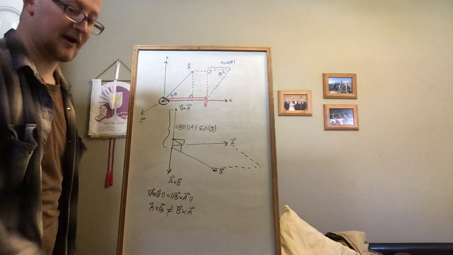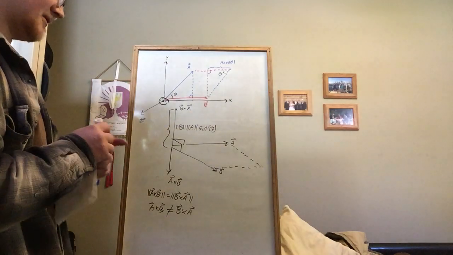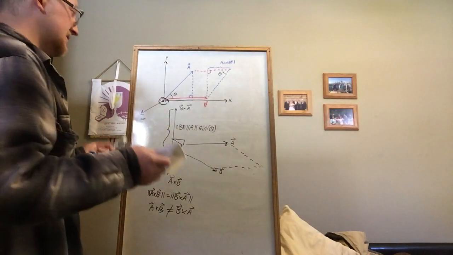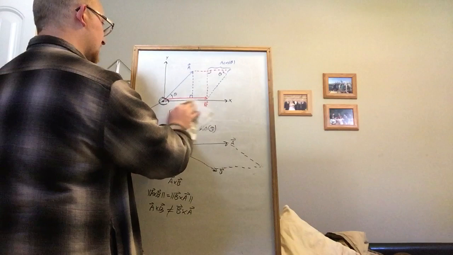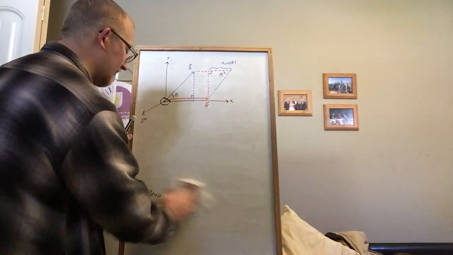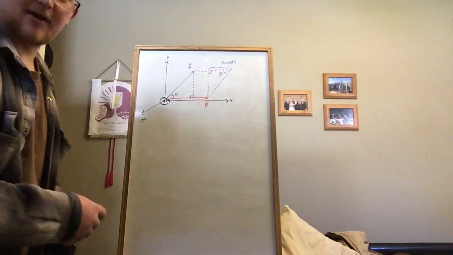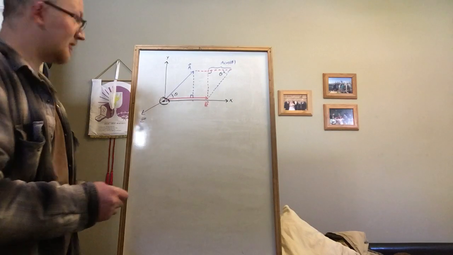Just like with the dot product where we did BA cosine theta, now it's BA sine theta for the magnitude. But just like with the dot product, remember we found a way to find the dot product in vector form if given components of two vectors. And so I would like to show you that same method here.